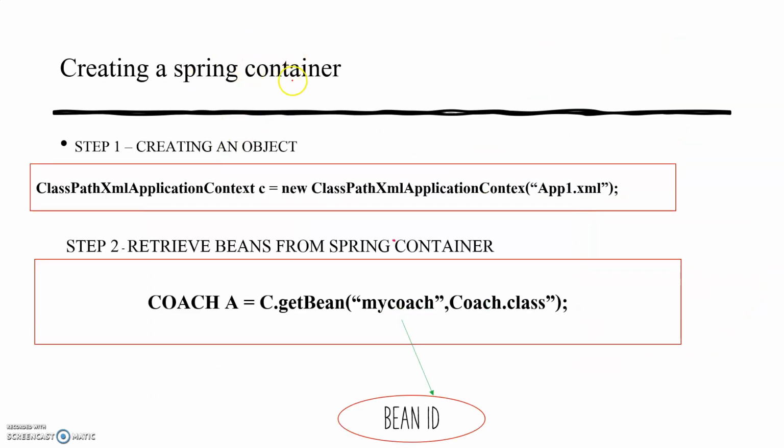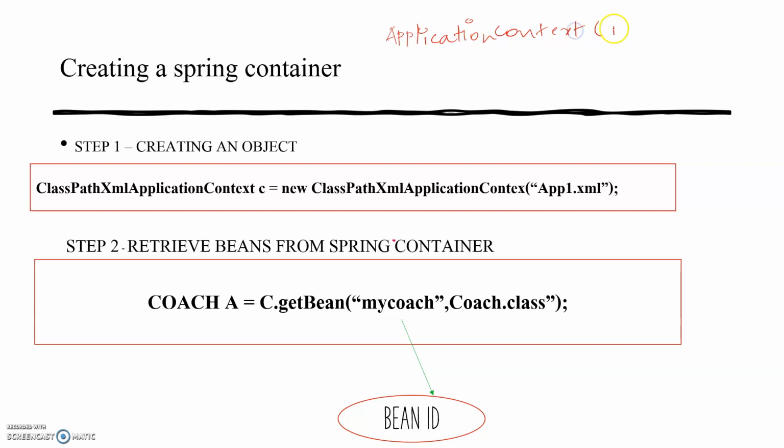We are going to do the configuration by creating an object of the class ClassPathXmlApplicationContext. In the previous video we discussed what is ApplicationContext.